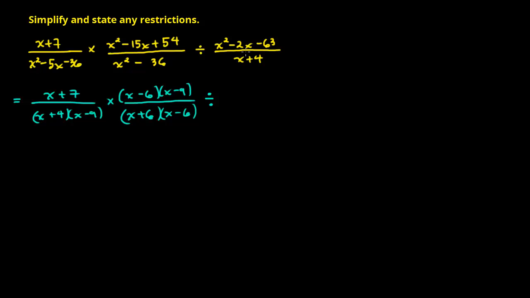Again, I need to figure out two numbers that multiply to negative 63 and add to negative 2, which would be x minus 9 and x plus 7. And in the denominator, I still have x plus 4.